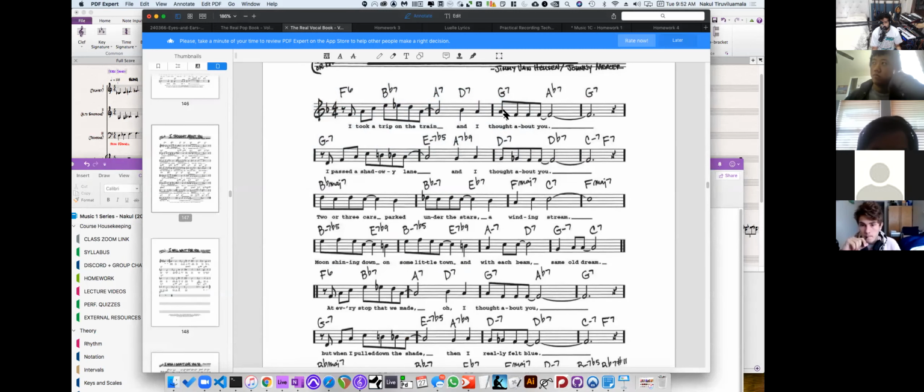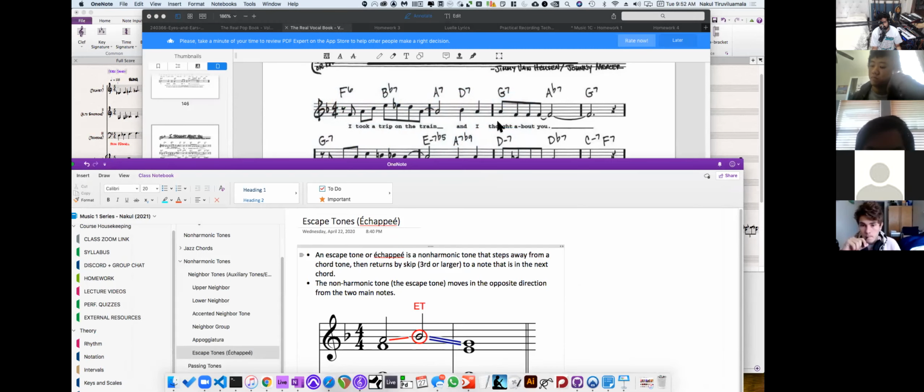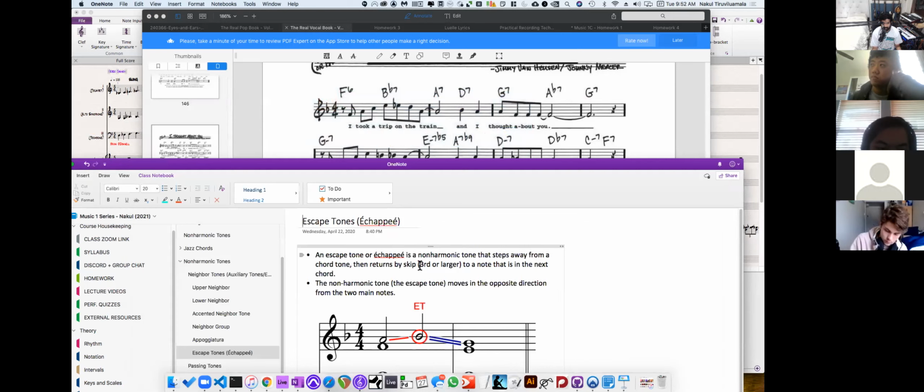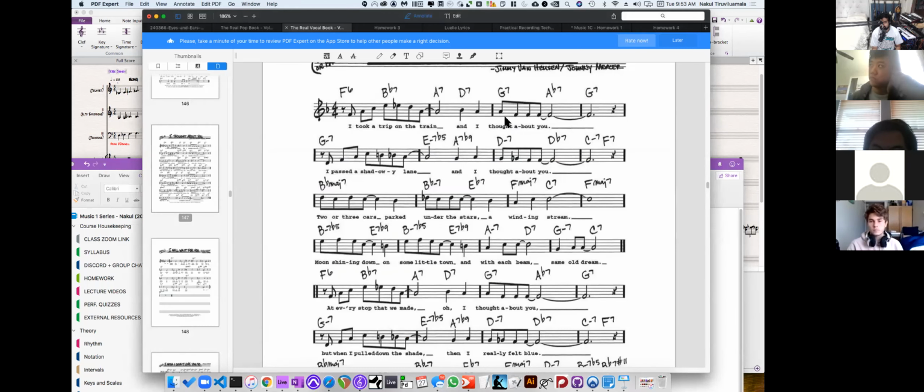But normally escape tones happen on weak beats. So this happens on a strong beat. So this is like an accented escape tone in some ways, but normally they're approached by step. So it's kind of an incomplete definition, honestly.